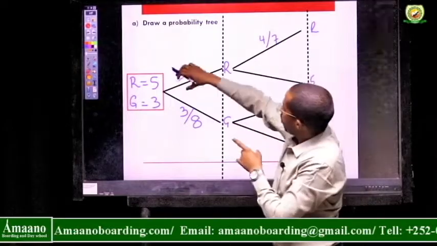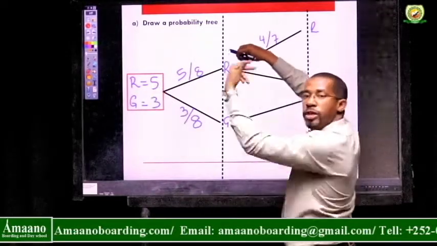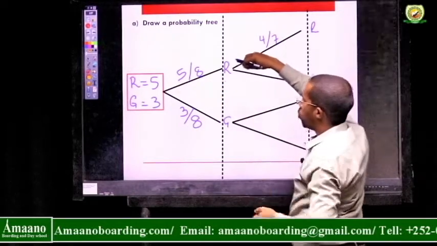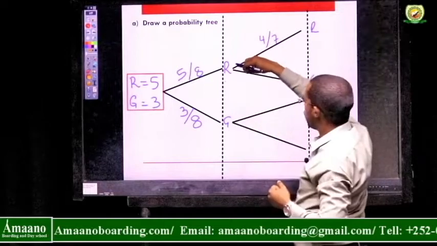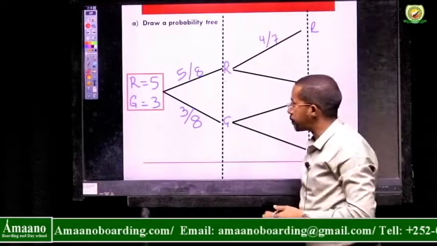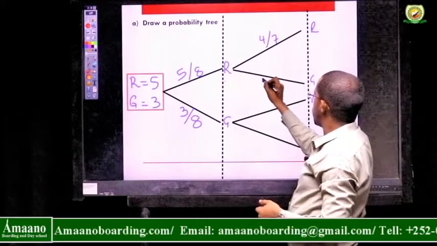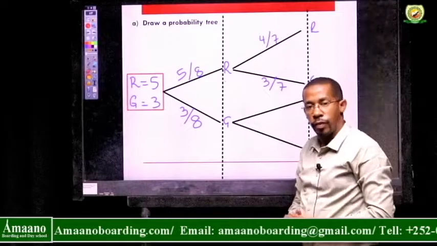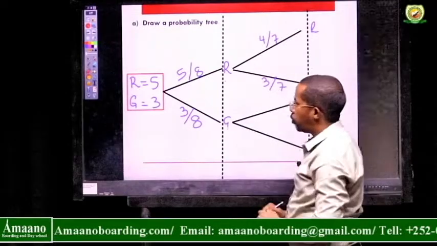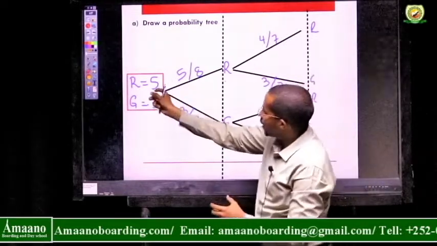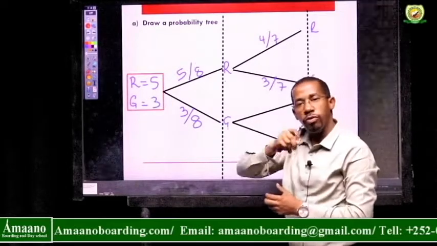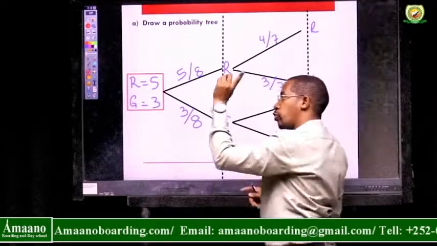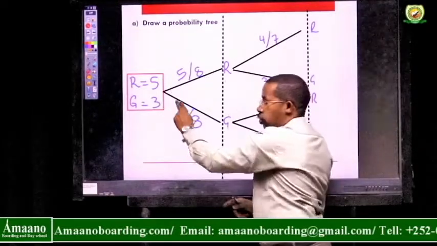Because you have taken 1 red from here and you didn't put it back. So the number of reds are now 4 and greens have remained 3. So this becomes 4 over 7. And then the probability of green will be 3 over 7. If you are here, what does it mean? It means that the first time you took a green marble from that box, if you take a green marble here and you don't replace it, they remain 2.